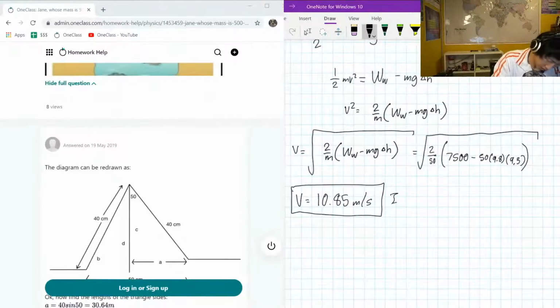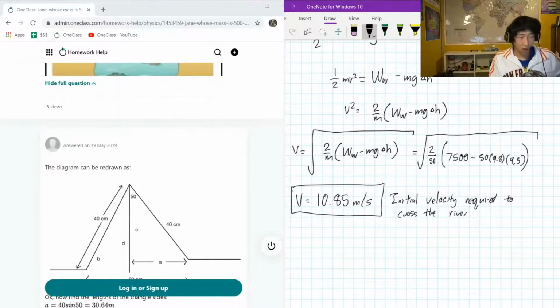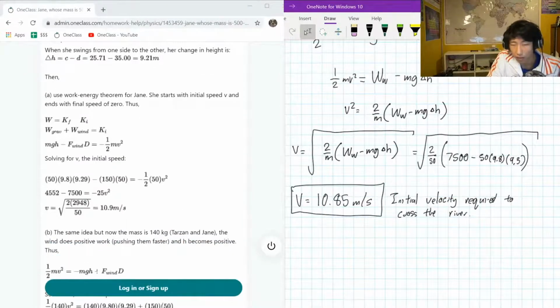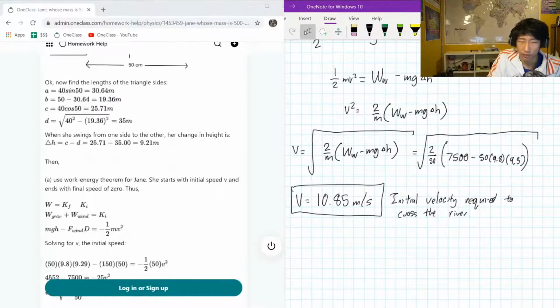So that is the initial velocity required to cross the river. Okay, cool. So that would address part A. Came to the exact same number here. That's awesome. The way this question is set up is kind of spooky, but we'll talk about that later.